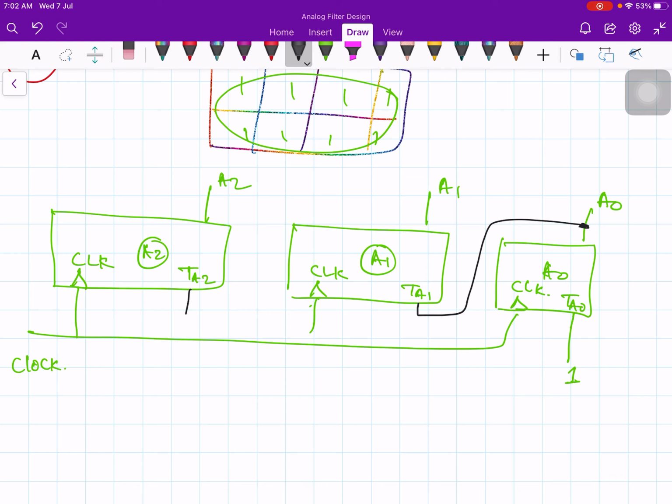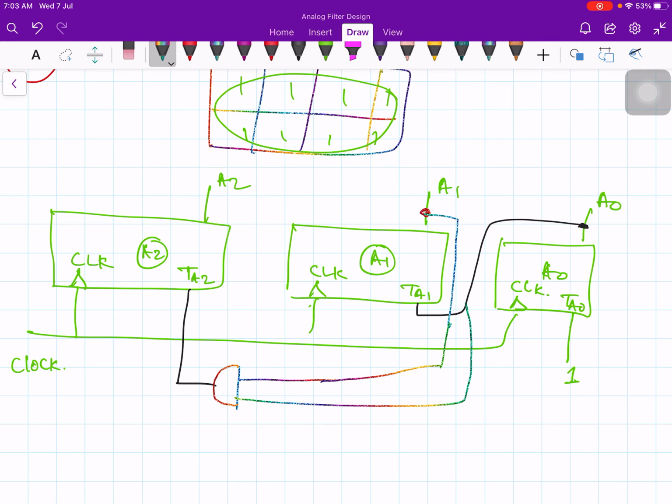What about TA2? TA2 is A1 and A0. Therefore you put an AND gate, take the input from here, and another one is A0. This is TA2.